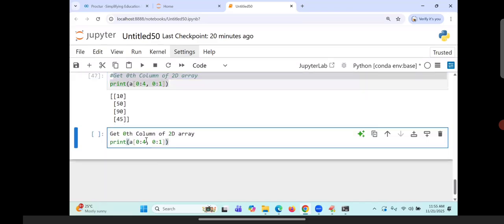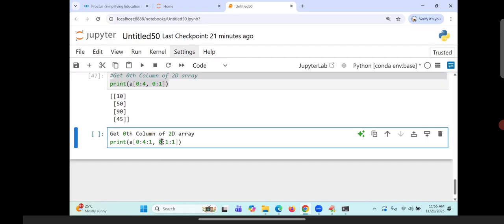No more confusion. Slowly I will go. Colon 1. Here I will write colon 1. What is the 0? Row begin index, row end index, row step.